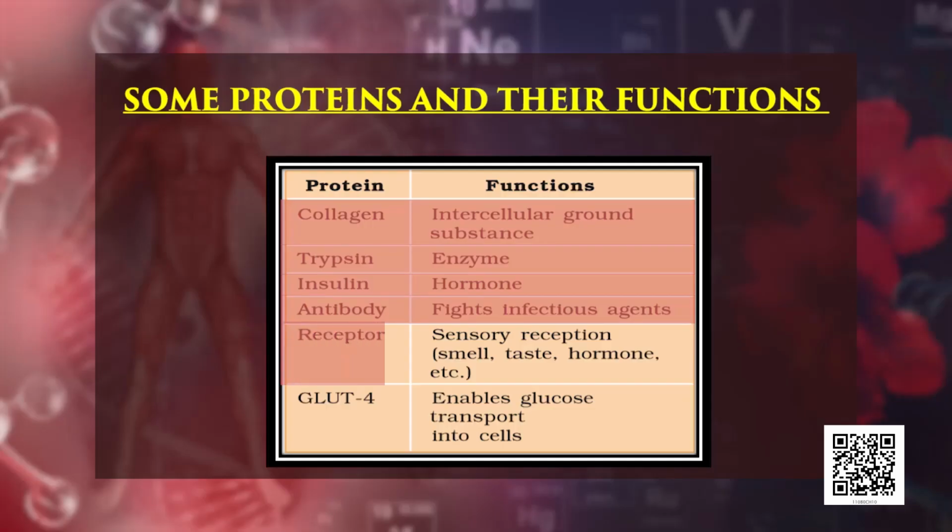Receptors present in our nose and tongue which help us to detect smell and taste are made up of proteins. GLUT4, the receptor which allows glucose to enter inside the cell, is also made up of proteins. RuBisCO is the most abundant protein in the whole biosphere. It is an enzyme made up of proteins used by plants to prepare their food.